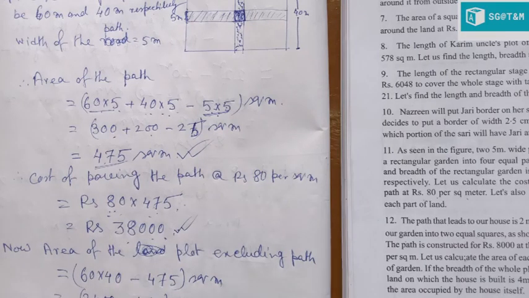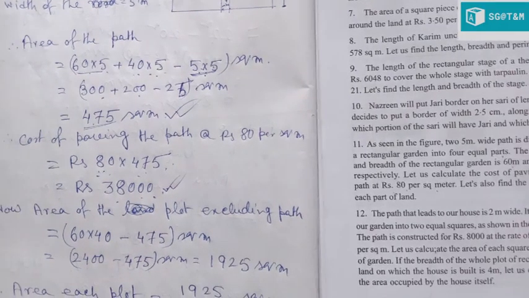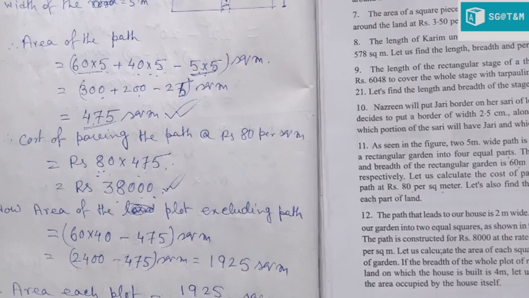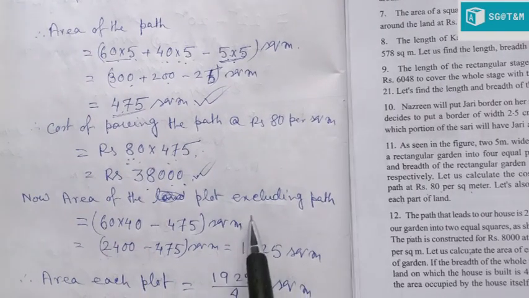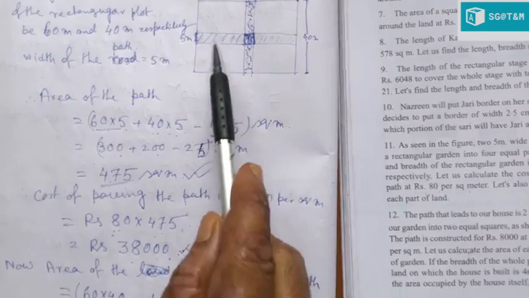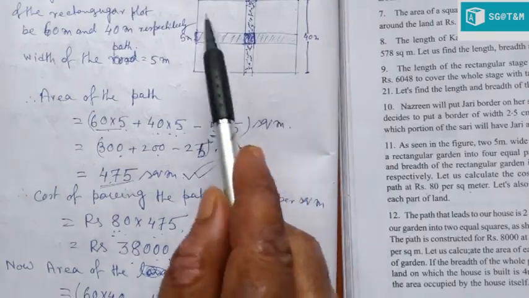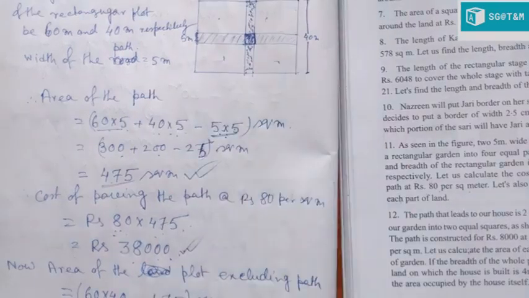Now the second part of the question is to find the area of each square plot. The area of the plots excluding the path is the total area minus the area of the path.